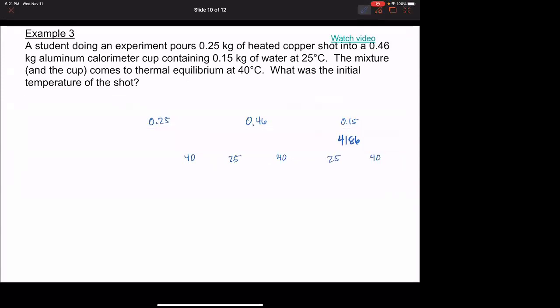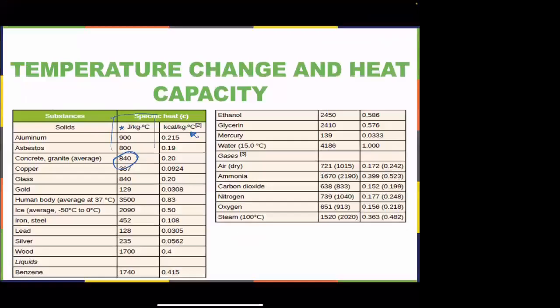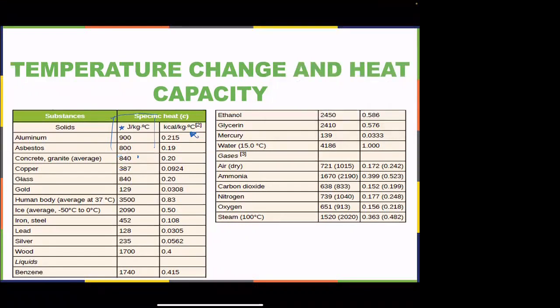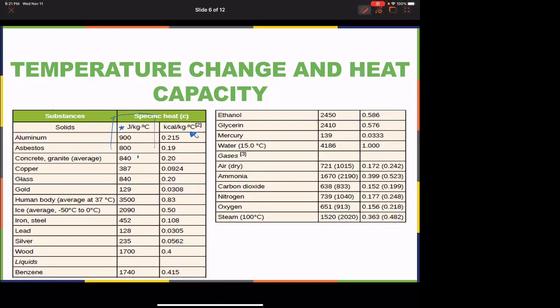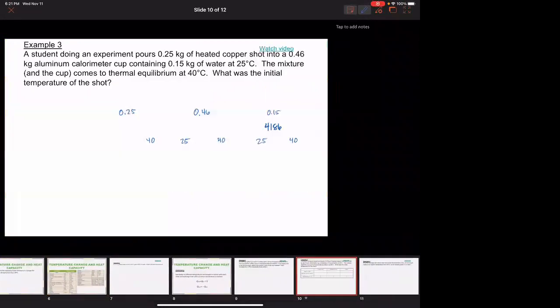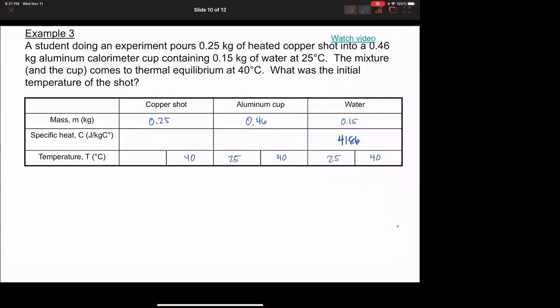So let's go back and find out what aluminum and copper are. Copper is 387 and aluminum's 900.